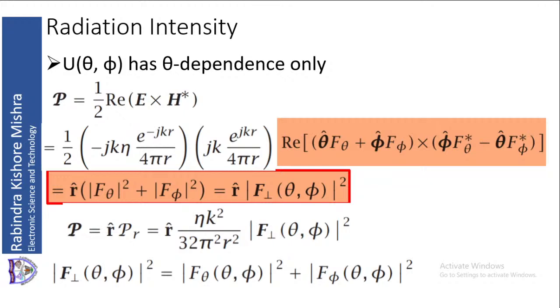So k square eta is in the numerator. Then exponential minus jkr, exponential jkr, that is 1, so that is gone. Then in the denominator you have 2 into 4 pi r into 4 pi r, so that gives you 32 pi square r square. So P, which is equal to r cap PR, is equal to r cap eta k square by 32 pi square r square, then absolute F perpendicular theta square.